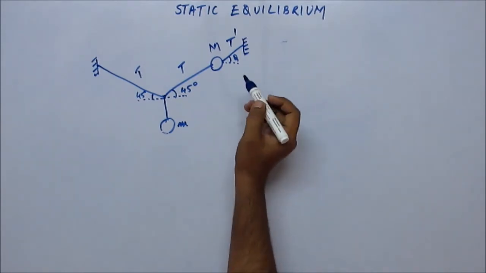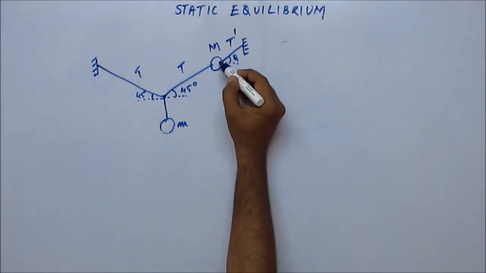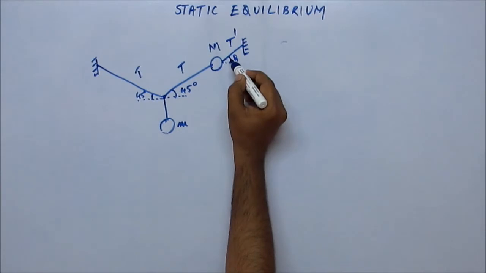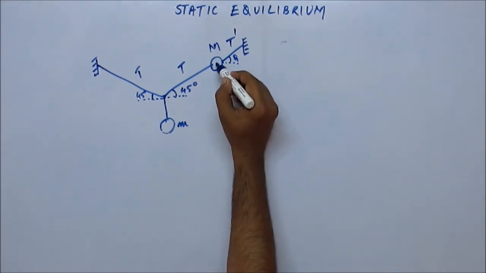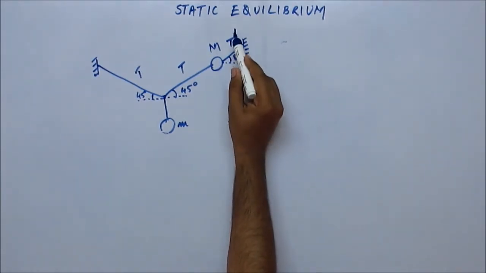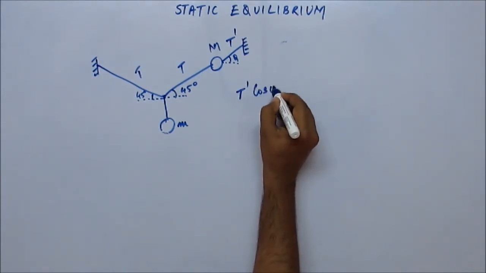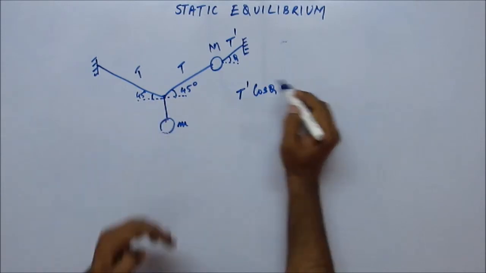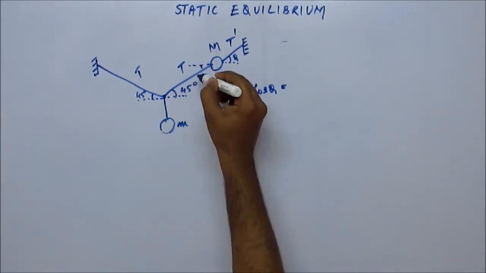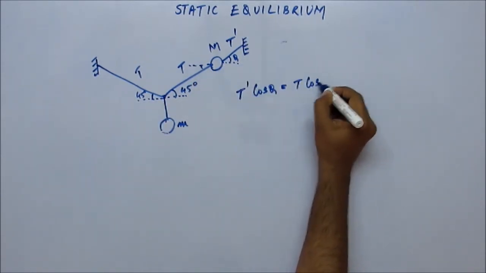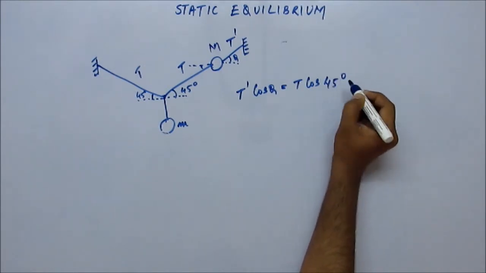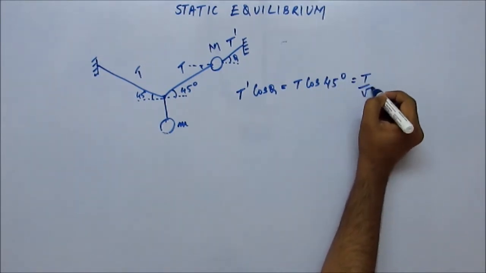Now if you write the horizontal equilibrium condition for this capital M, suppose this is T dash, then from here we get T dash cos theta is equal to, this is 45 degree, T cos 45 degree, or T by root 2.